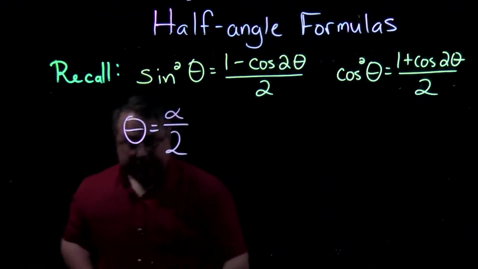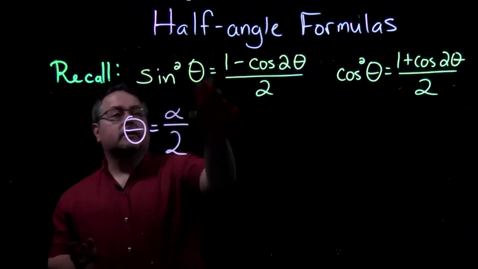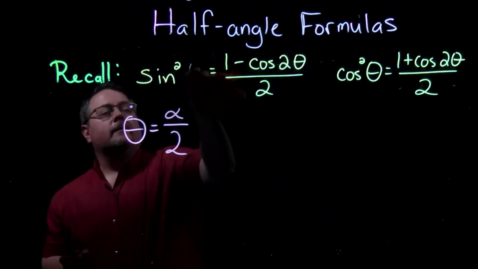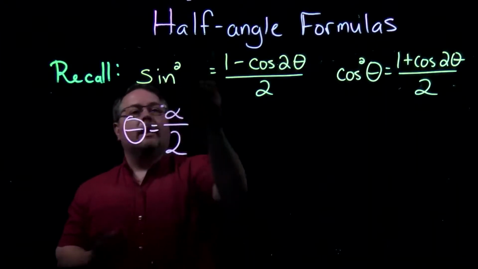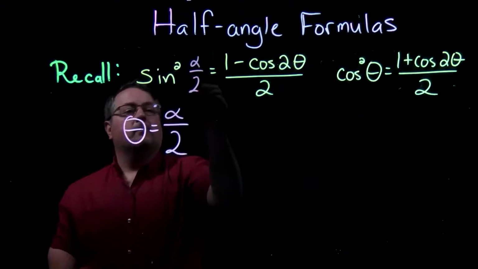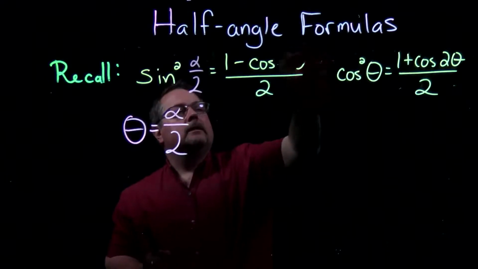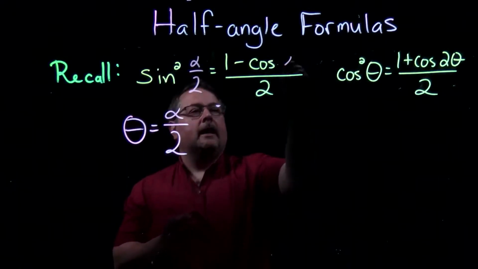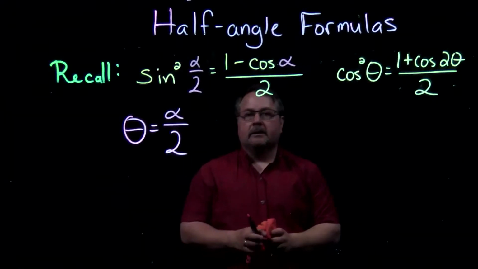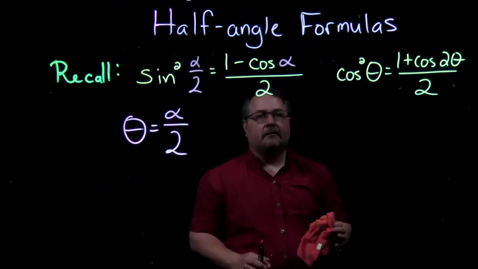Then instead of having sine squared theta, we're going to have sine squared of alpha over 2. And instead of having cosine 2 theta, we're going to have cosine alpha, since 2 times alpha over 2 is alpha.